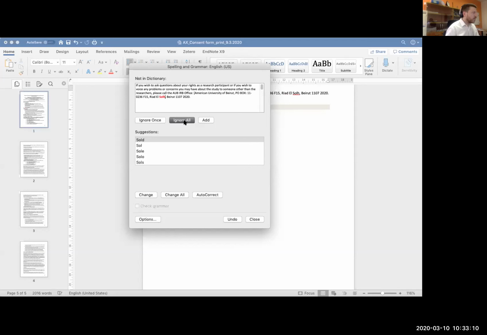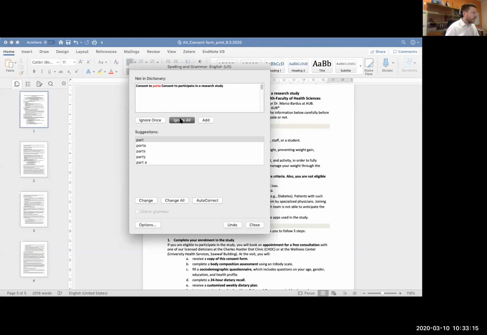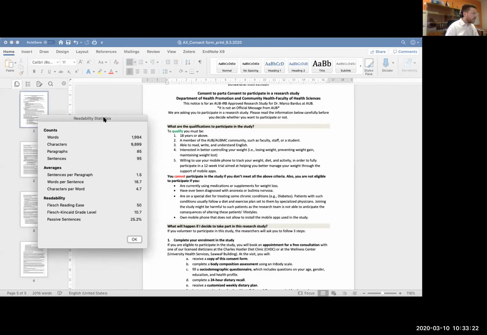Okay, I do this. Let's see. Can you see the readability statistics? It's something like this. And this is it. I'm going to show you. Cancel. Let's see if I can share again.